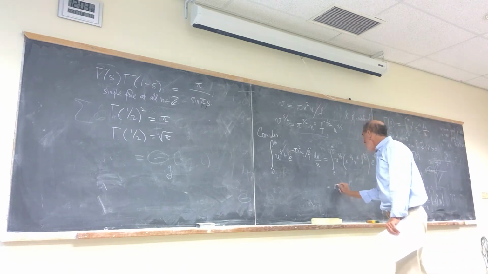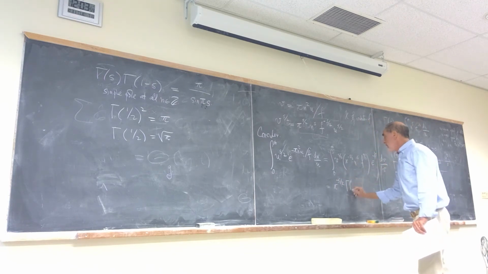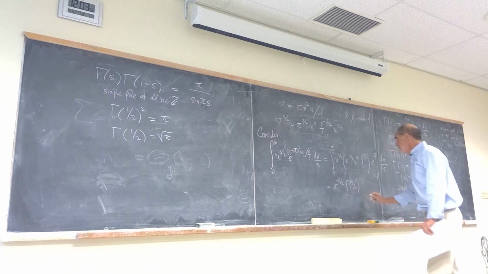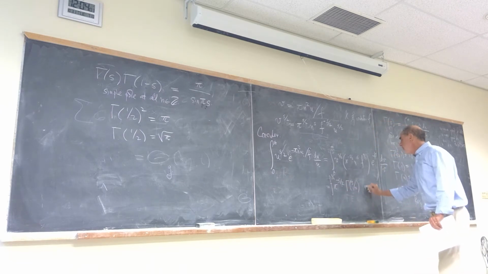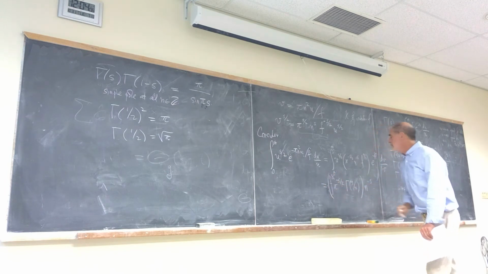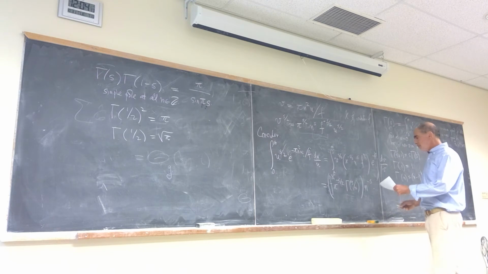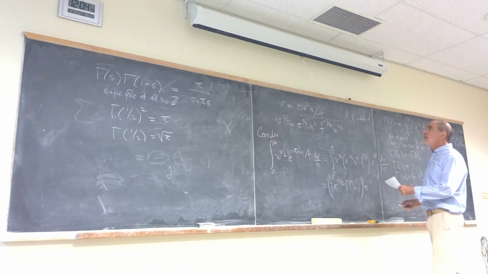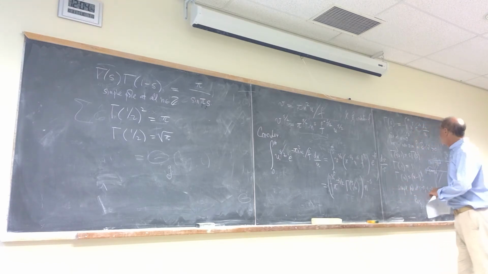So this is now pi to the minus s over 2, the gamma integral I'll write as gamma of s over 2, f to the s over 2 times n to the minus s. Okay. This is the factor. I hope I did this right. Good. Yeah, right, exactly.